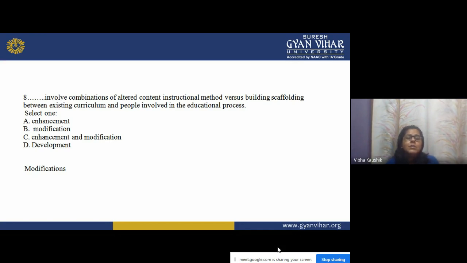So the correct answer is option B, that is modification involves a combination of altered content and instruction methods, means the way in which the instructional method is used by the teacher for the delivery of the content.